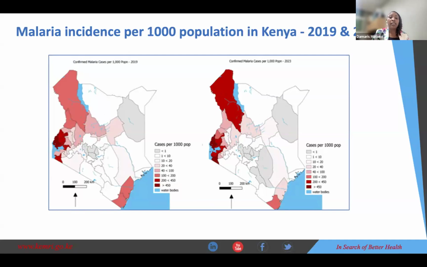Cases are being recorded in unexpected areas, and we need to understand why. Is it because of climate change? Is it because of interventions not working? We'll be highlighting that as we go.